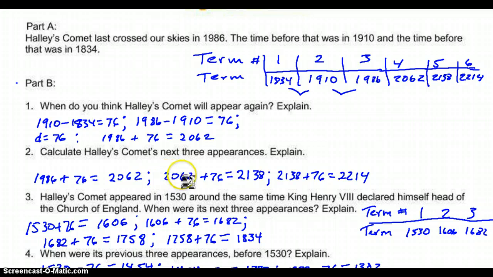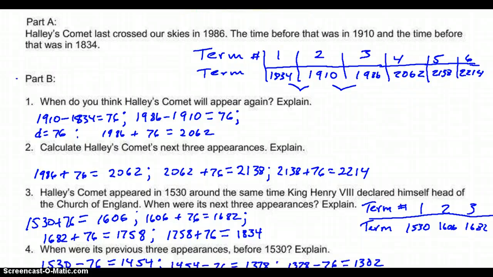Then add 76 to 2062, and we get a sub 5, which is 2138. Then add 76 to 2138, and we get a sub 6, which is 2214. So the next 3 will be 2062, 2138, and 2214.